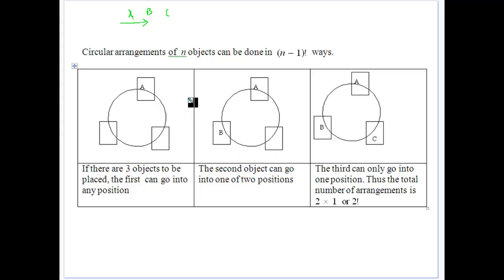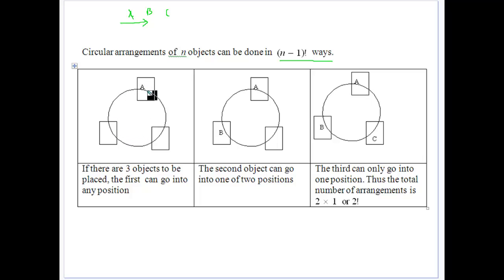So when we consider a circular arrangement, really there's only n minus 1 factorial ways of arranging that circle, because A could have been there, or A could have started there, and it doesn't really matter. A could be at the same spot even though the table's just been circulated, because there's no particular order when we first place the first element in there.